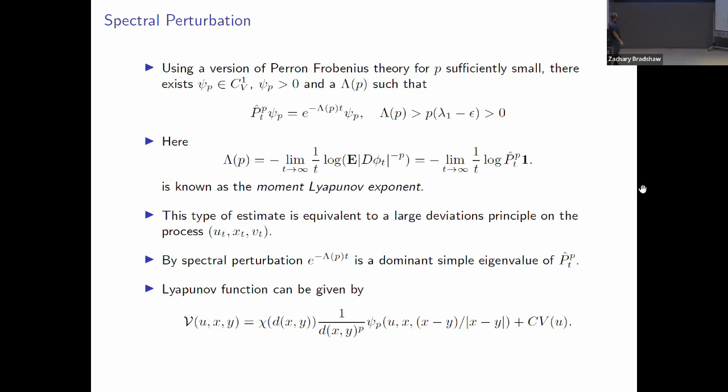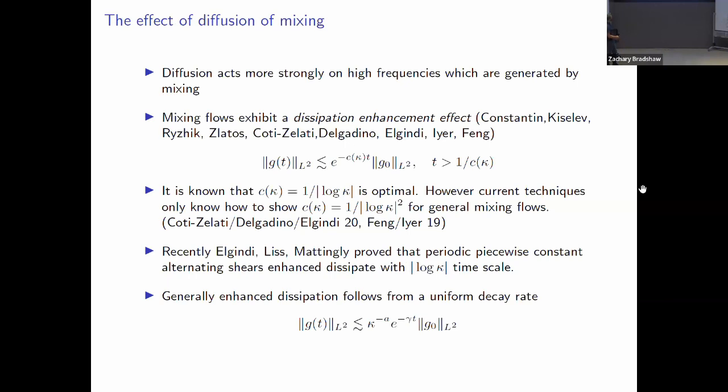All right. Now, I should mention what happens when you put diffusion on the problem. So in particular, diffusion, as we know, acts more strongly at high frequencies. Okay, and so if you add diffusion to the problem, it's actually kind of a singular perturbation. And in particular, the mixing kind of feeds into it.